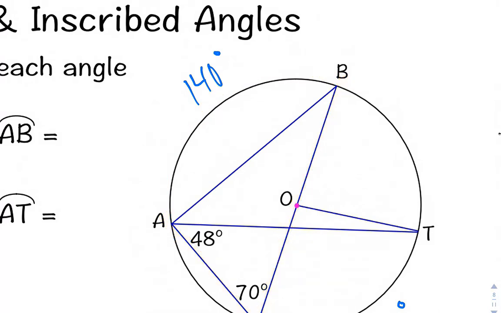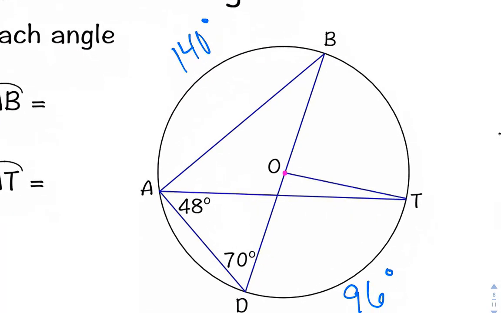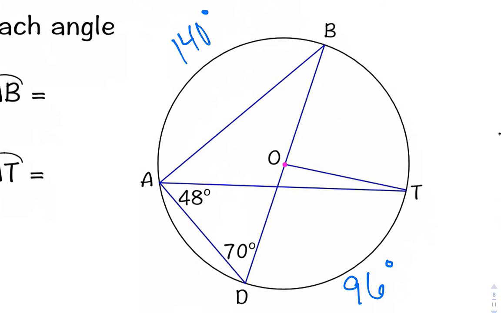Okay. All right, now, those are the only numbers we're given, but let's think about what else we have in this picture. Well, if you notice, from D to B, that goes through the center, so we call that a diameter. Remember, that cuts your circle in half, so 180 degrees.